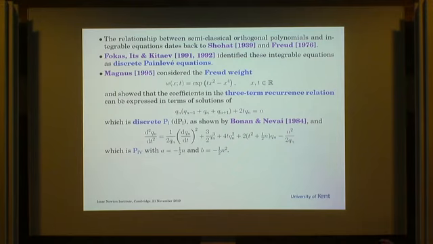And in 1995, Magnus looked at this Freud weight and showed that the coefficients were solutions of this, which is the discrete Painlevé one. It also appeared in the work of Bonan and Nevai in 1984, but also simultaneously solutions of Painlevé IV for the specific choice of the parameters. So these both satisfied both equations here explicitly.